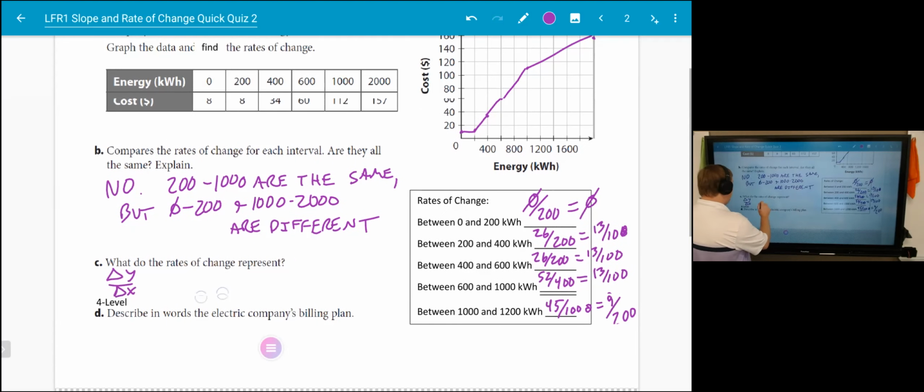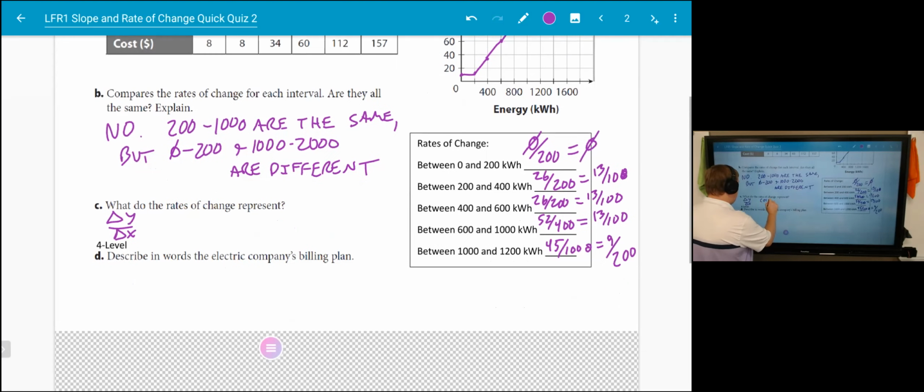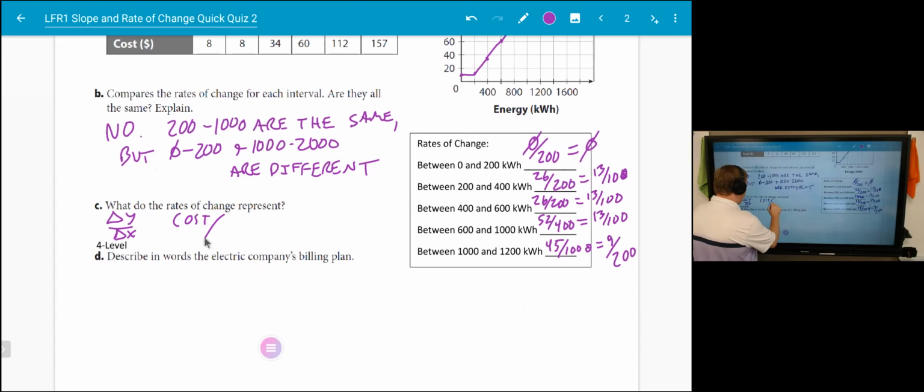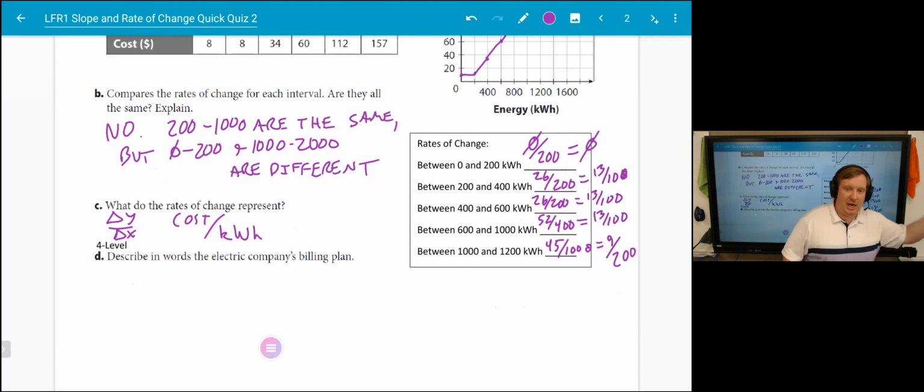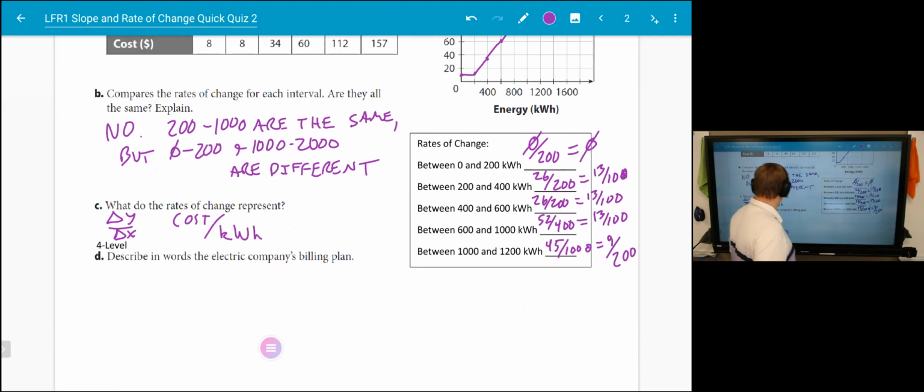So the cost per kilowatt hour. I just wrote that backwards. Kilowatt hour. The change in y divided by change in x.